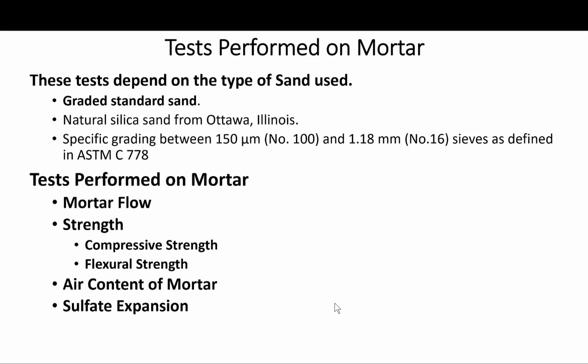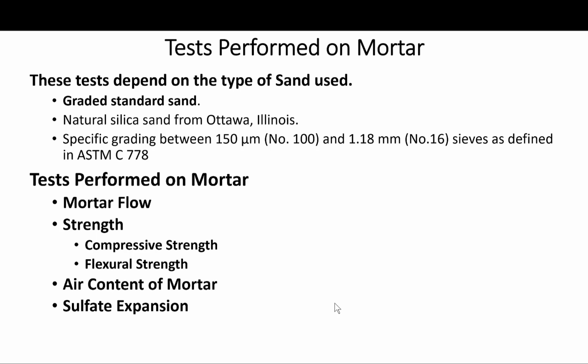So the mortar tests defined by ASTM all use graded standard sand. Remember this. This is a natural silica sand from Ottawa, Illinois, with the specific grading between 150 micrometers, number 100 sieve, and 1.18 millimeters, number 16 sieve. This is as defined by ASTM C778.